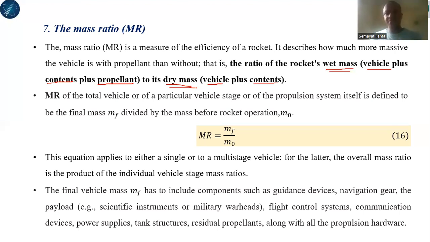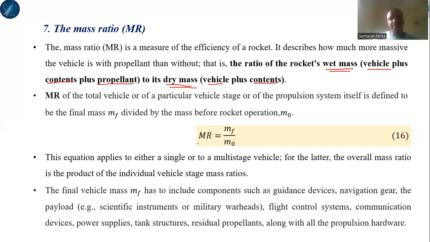If there is propellant on it, it is called wet mass. So when we come to the mass ratio, it is for the total vehicle or a particular vehicle stage of the propulsion system. So how can we define mass of fuel over mass of oxidizer.